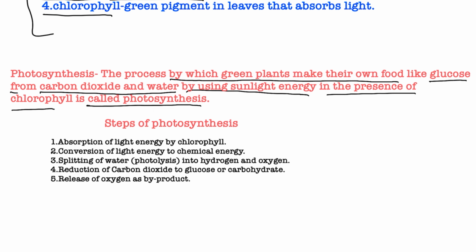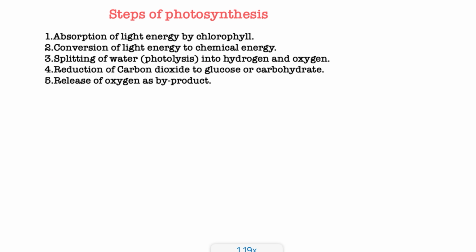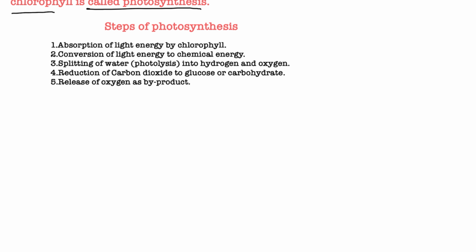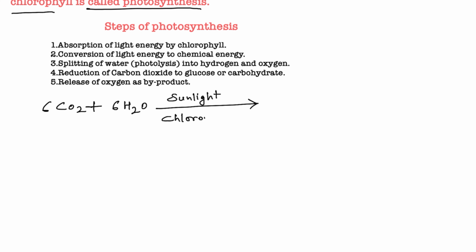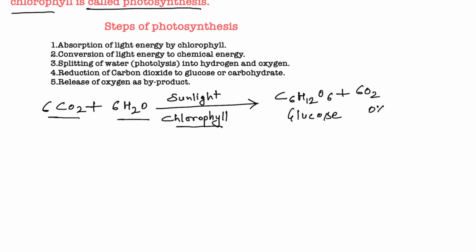Okay, now let us first write the equation of photosynthesis. So here you can see 6 molecules of carbon dioxide combines with 6 molecules of water by using sunlight in the presence of chlorophyll to make 1 molecule of glucose and releases 6 molecules of oxygen as byproducts.